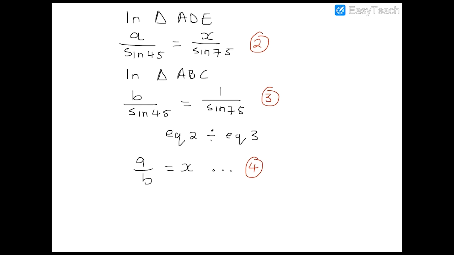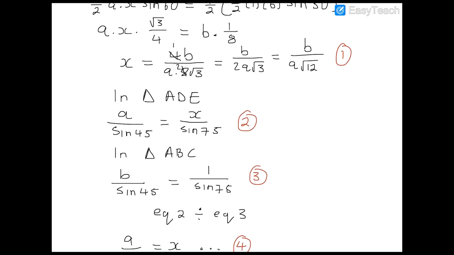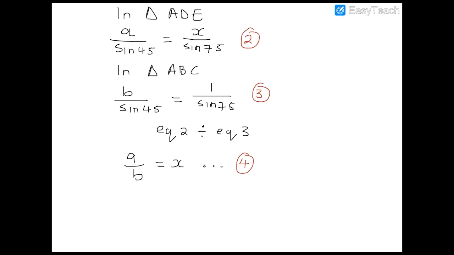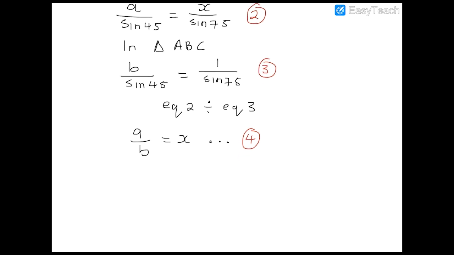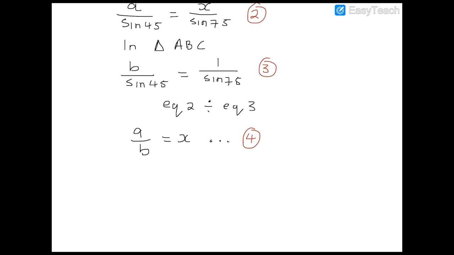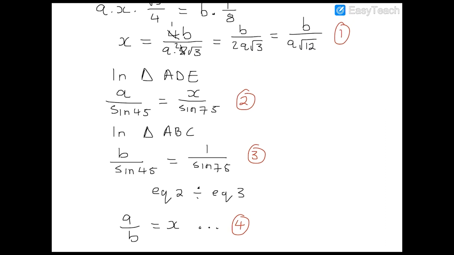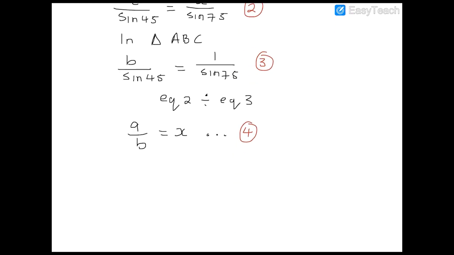Then the next step, because I can see in equation 1 I have x is equal to something, and in equation 4 I have x is equal to something, and I have a over b in equation 4, I have b over a in equation 1. So I will take equation 1 and multiply it by equation 4.